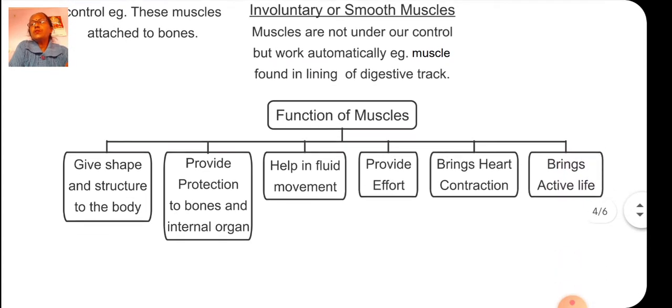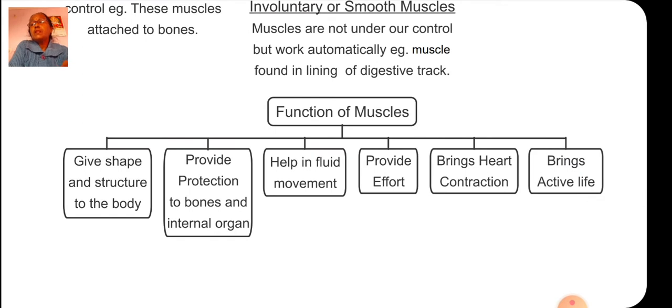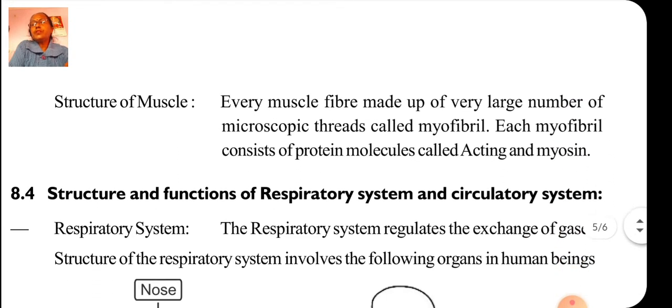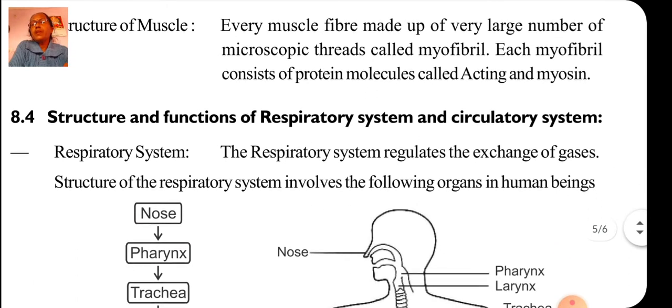Now, functions of muscles. Muscles give shape and structure to the body. They provide protection to bones and internal organs, help in fluid movement, bring heart contraction, and lastly bring an active life.